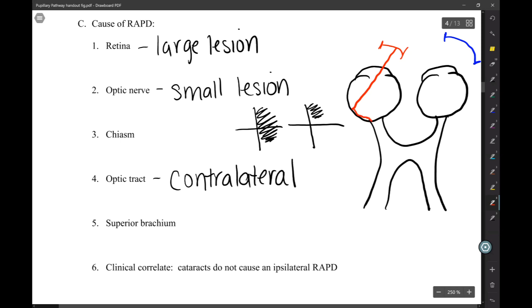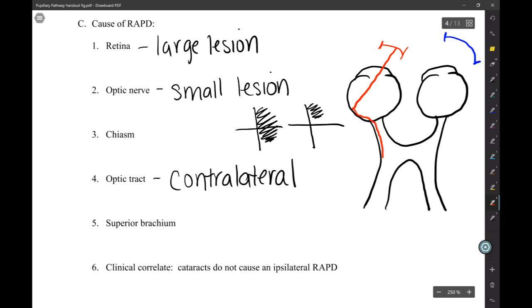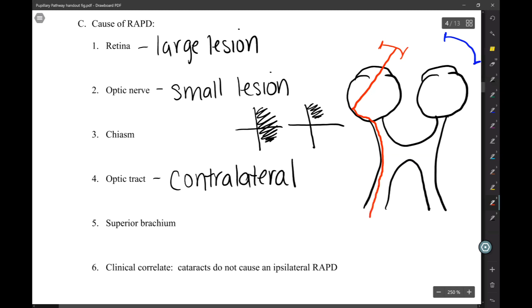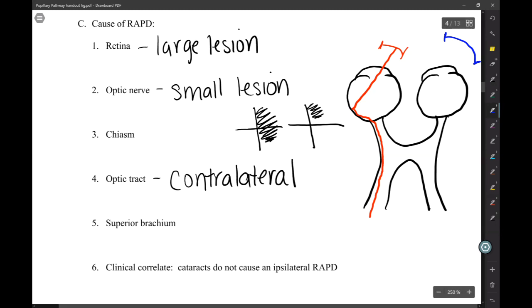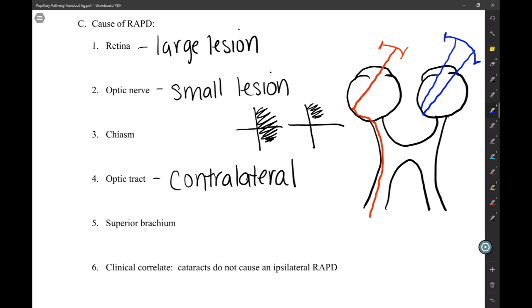Those fibers then will travel through the optic nerve, through the chiasm to the ipsilateral optic tract. The same right homonymous hemianopia is going to hit nasal retina on the right eye. And I'm going to draw two lines to show that there are more fibers damaged on the nasal retina than the temporal retina because the visual field is larger.